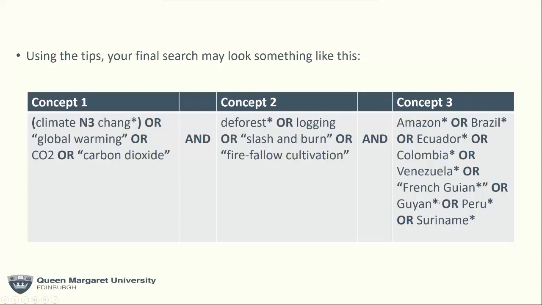At the end of these 3 searches, we will have 3 sets of results, one for each search, which we will then combine with the Boolean AND to retrieve articles that contain any terms from the first concept, as well as any terms from the second concept and any terms from the third concept.